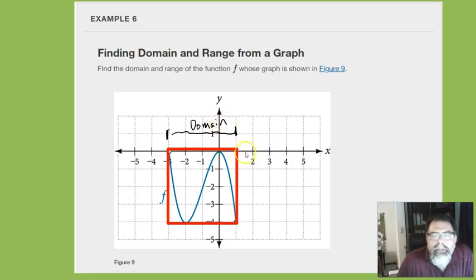And then the range is going to be the y values. So starting from right here down to here, that'll be my range. Okay, so let me erase all that so we can look at it again.